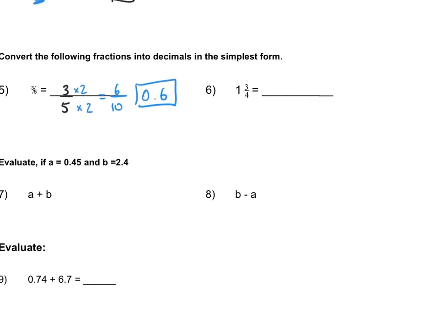Now for my next part, I have 1 and 3/4. So again, I'm going to turn this over. I'm going to make my 3/4. I know I can make this into out of 100 because of my quarters. So 1 and 75/100ths, 1.75.